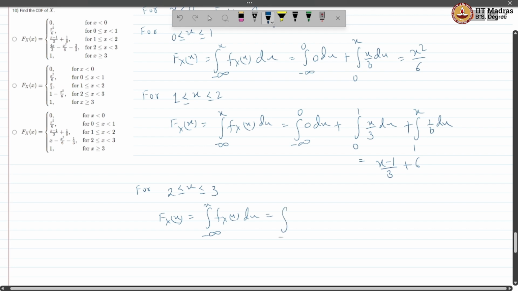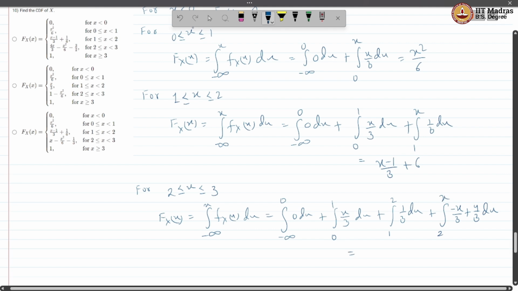So this will be equal to the integration of 0 with respect to x from minus infinity to 0, plus the integration of x by 3 from 0 to 1 with respect to x, plus the integration of 1 by 3 with respect to x from 1 to 2, plus the integration of minus x by 3 plus 4 by 3 with respect to x from 2 to x.